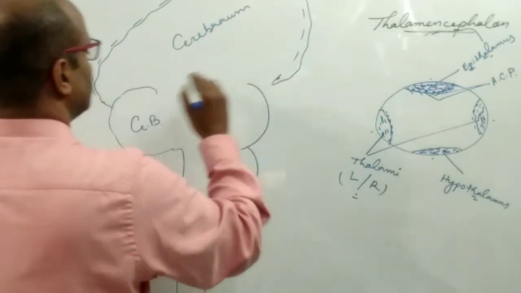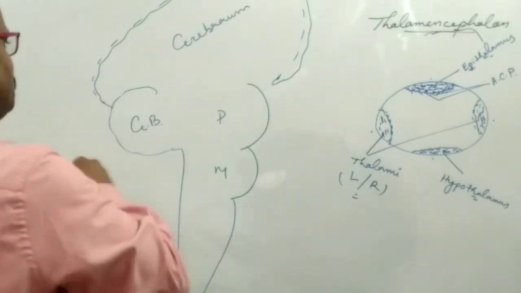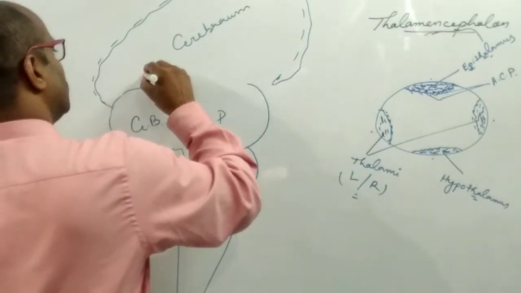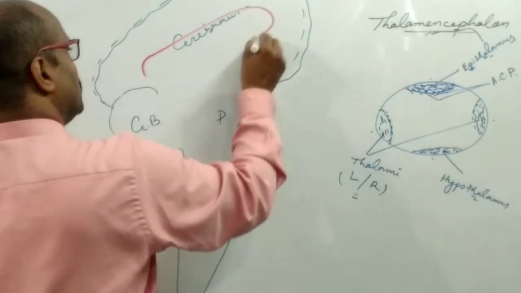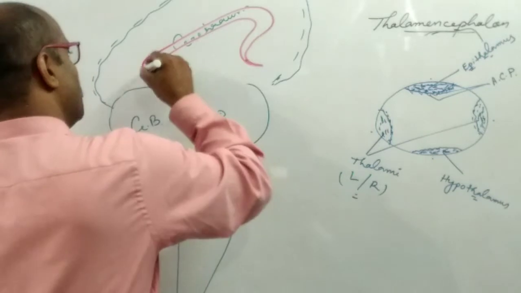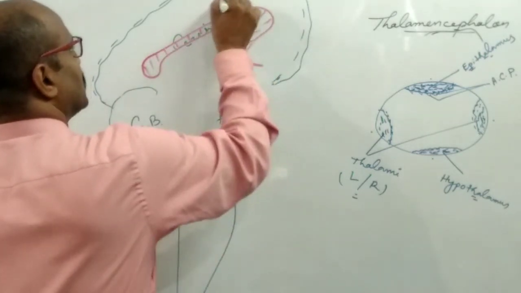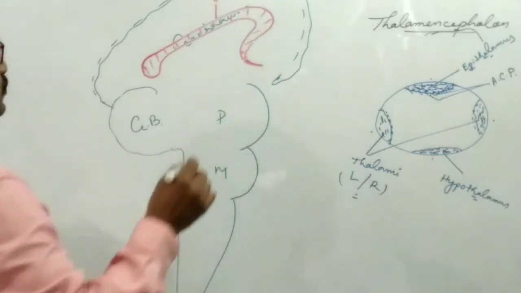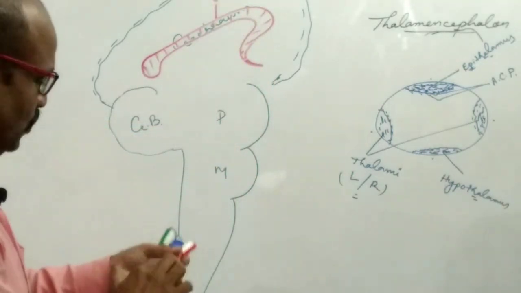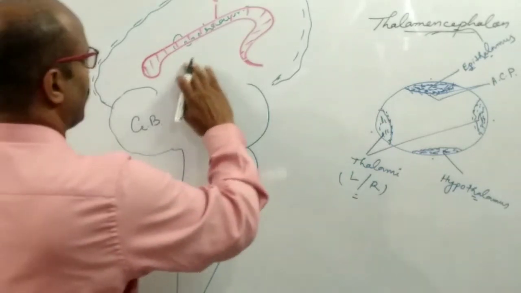Here, as you know, the cerebrum is present on the nervous band, which is known as the corpus callosum. Below the corpus callosum there is the diencephalon.